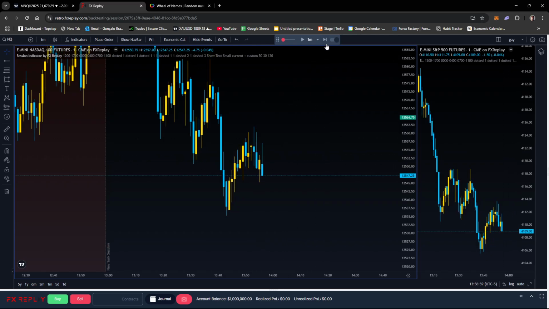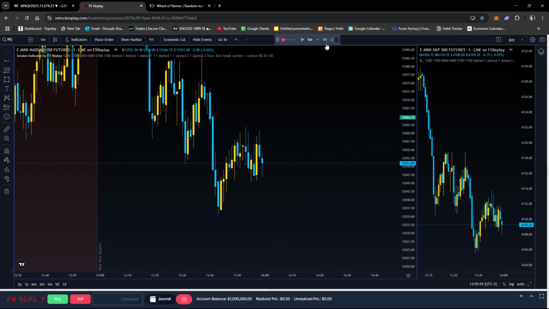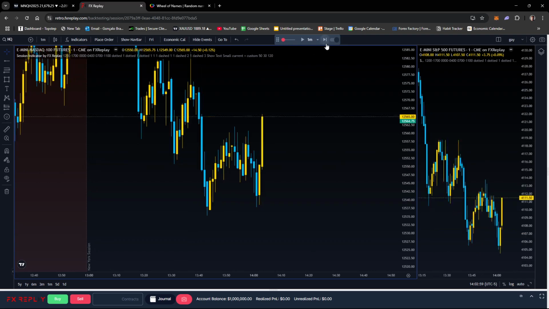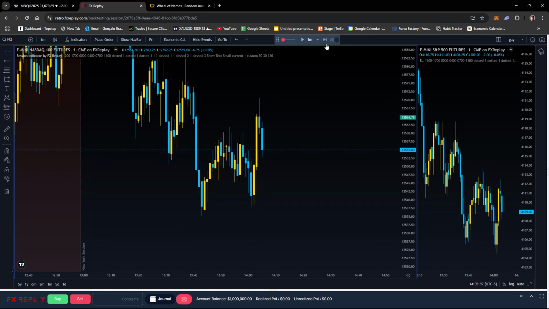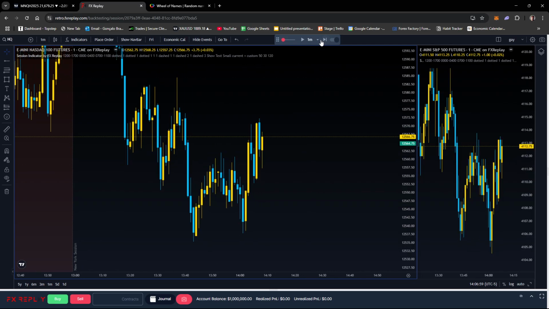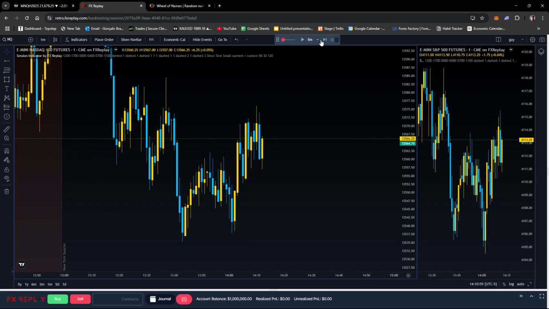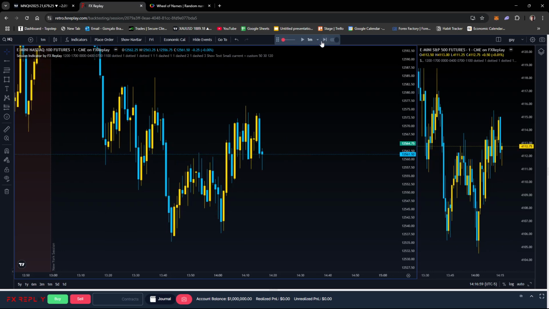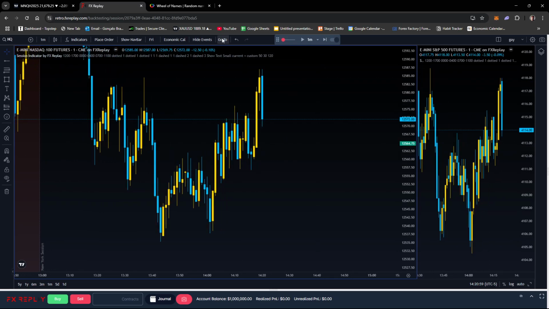Don't give me any clean price action here. 4 o'clock volatility. AMD, we really need to break out of this. No trades for the rest of the day.